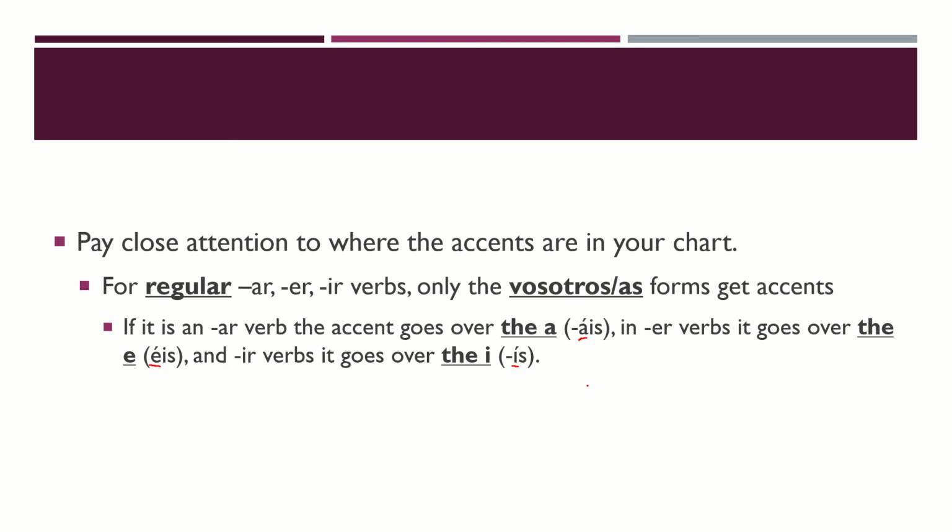So if you can remember what vowel the verb is, so an AR, ER, or IR, it's going to go over that same vowel. So AR verbs, it's over the A. ER verbs, it's over the E. And IR verbs, it's over the I.